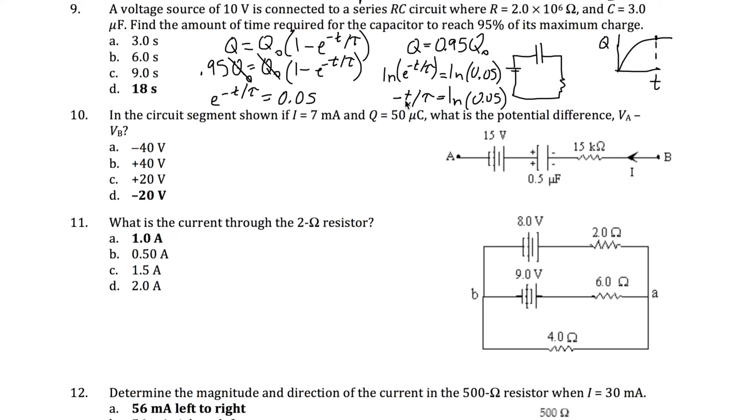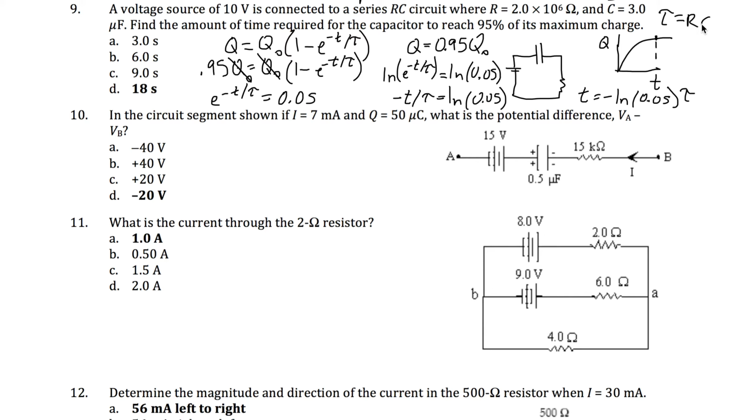And then we have to solve for time. Just get time by itself: multiply by negative tau, and time will equal negative ln of 0.05 multiplied by tau. And tau is equal to RC, so you need to find tau on the side.